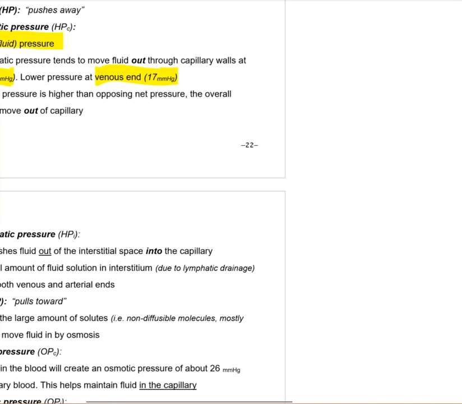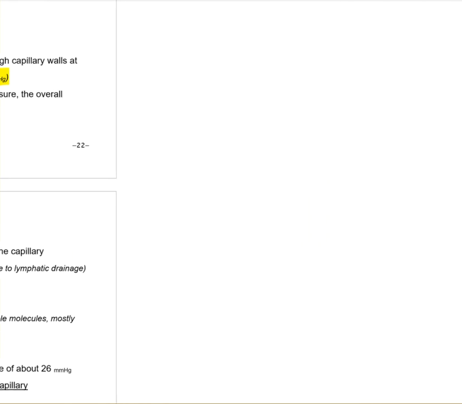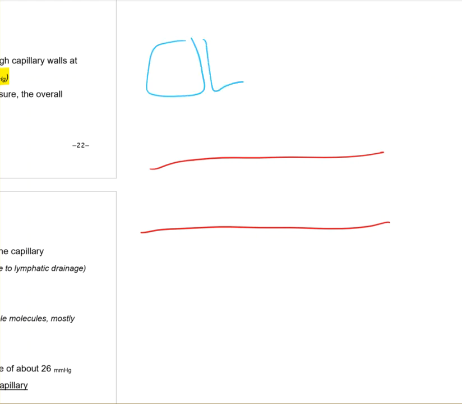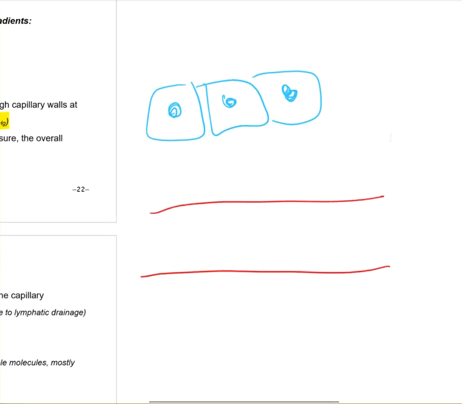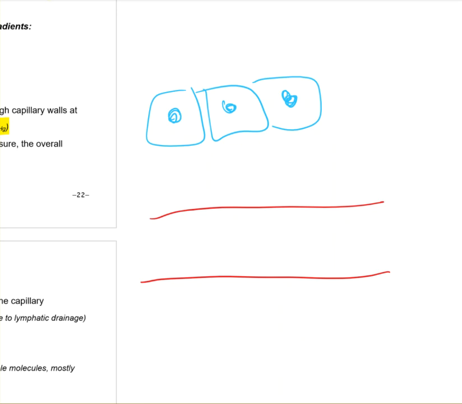I'm going to draw a picture over here real quick. We can put all these in. So here is a blood vessel, a capillary, okay? And then we're going to make some cuboidal tissue cells here, okay? And I'm even going to draw something else right now, which we'll get to a little later, which is some lymph vessel, okay? Lymph vessels are closed off at one end, okay?